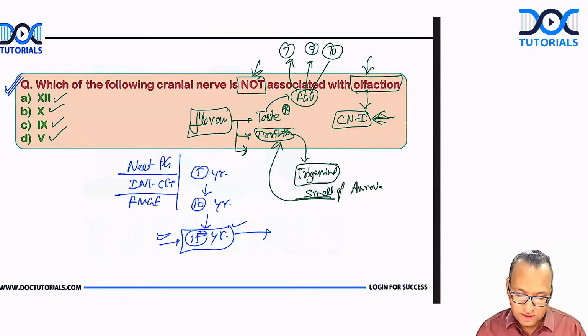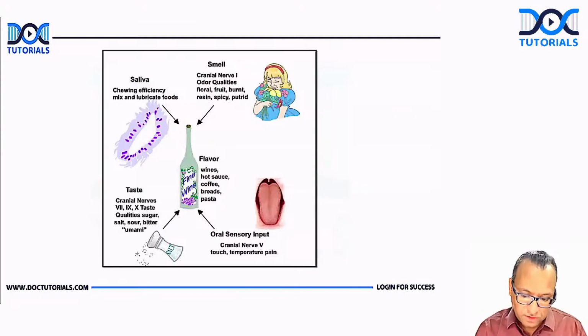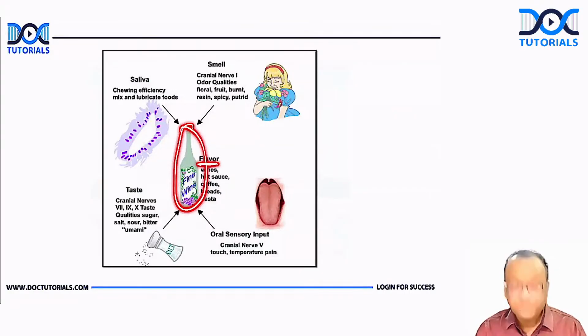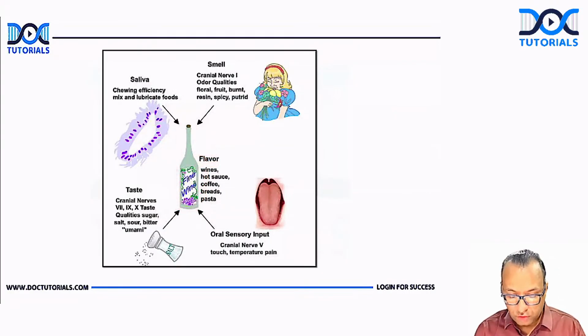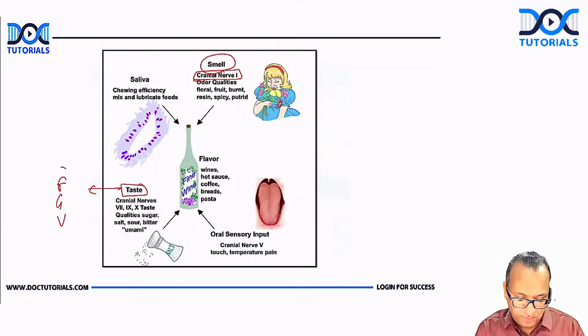Let me give the details now. You see, when we are talking about any flavor, you are talking about not only smell, but also taste here. That is why you can take the cranial nerve number 1, of course, because that is for smell. You can always tell that, of course, it is about the smell, but not only about smell. It is about the taste also, FGV nerve. So when you say FGV nerve, facial, glossopharyngeal, and vagus, you have to include them.